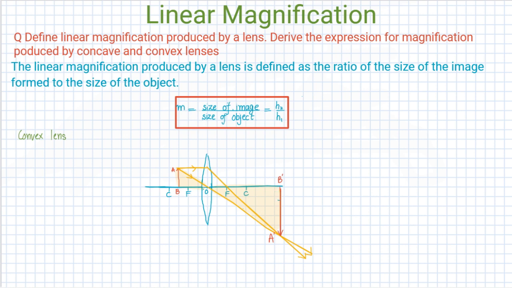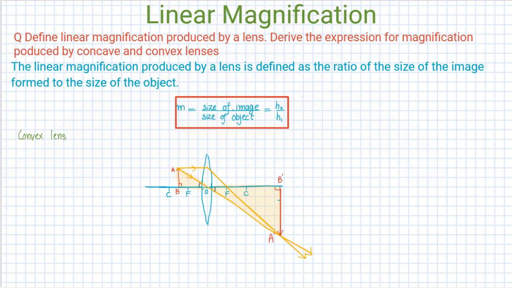These two angles will be equal by the property of vertically opposite angles. And this angle will be equal to 90 degrees and this angle also equals 90 degrees. So both of these angles are equal. So by the property of AAA, that means angle and angle, I can show that triangle A dash OB dash and triangle AOB are similar.